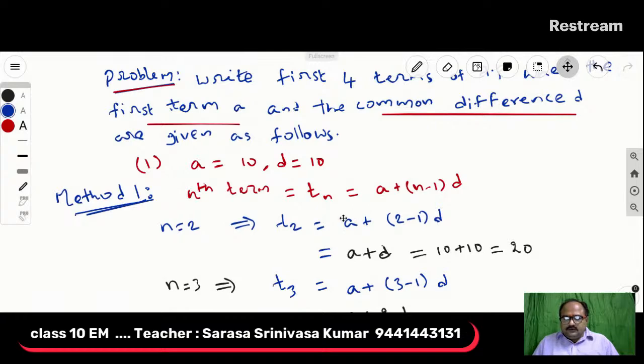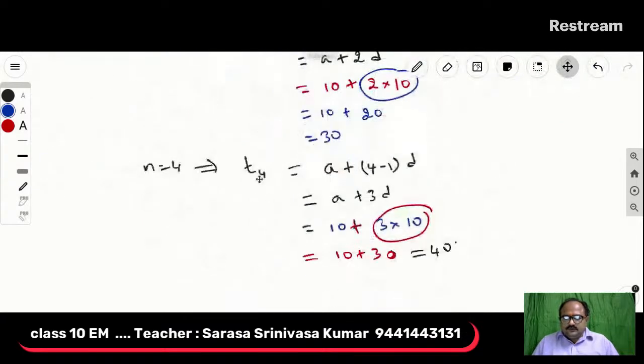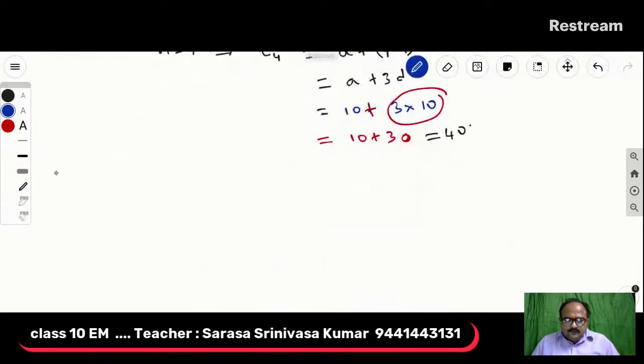Now method 2. We note down method 2. What is method 2? In method 2, we write the arithmetic progression.